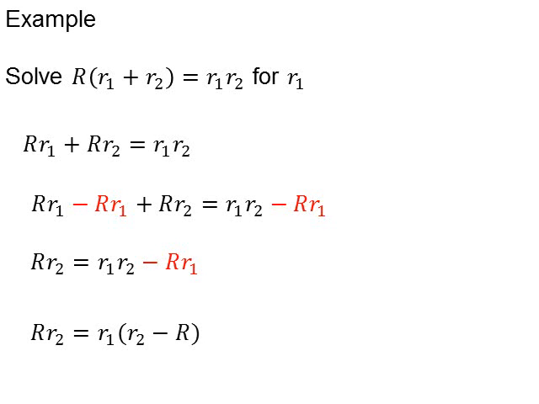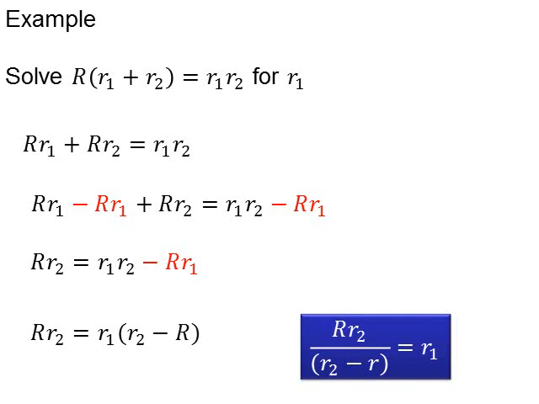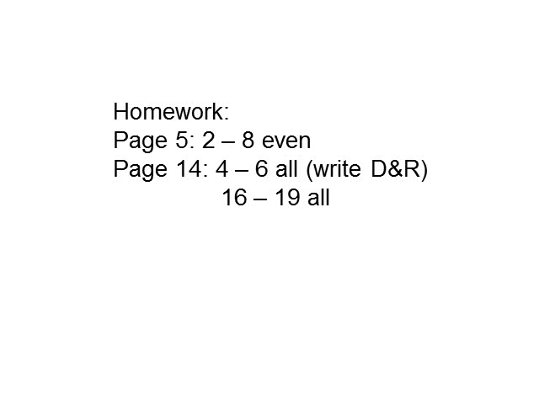So I have R1 times (R2 minus R) equals big R times R2. Now, R2 and R are both numbers, so when I subtract them, I'll get a number. So I can just divide both sides by R2 minus R, and I get big R times R2 divided by (R2 minus big R) equals R1.